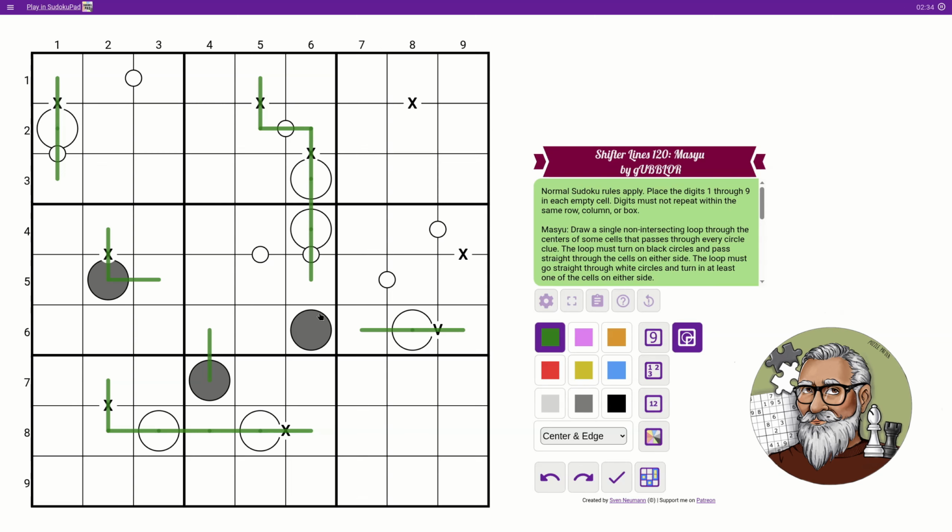And all of those have two digits in them, right? Because we have the digits 1 to 9 without 5. So we have 1, 3, 7, 9, and we have 2, 4, and 6. So we cannot have a section of the line that's more than 3 cells.